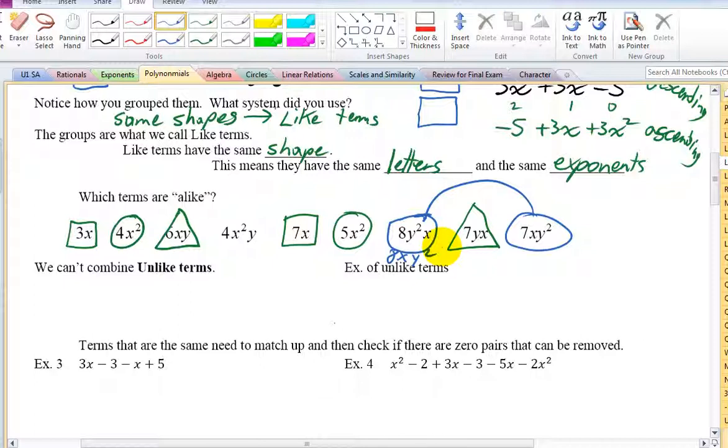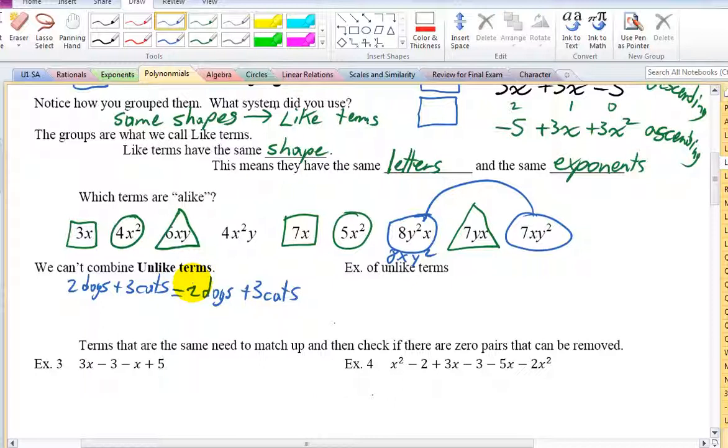So an example of unlike terms, this would be like if we have 2 dogs plus 3 cats. If we combine them together, what do we get? That's right. 2 dogs plus 3 cats. You're not some freako scientist trying to make a cat dog.